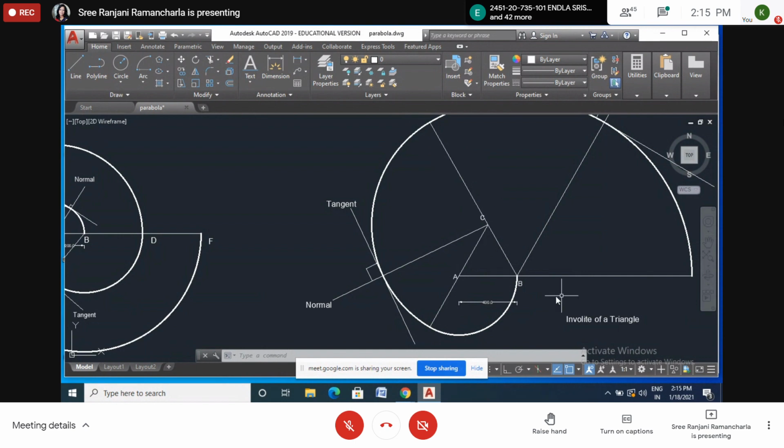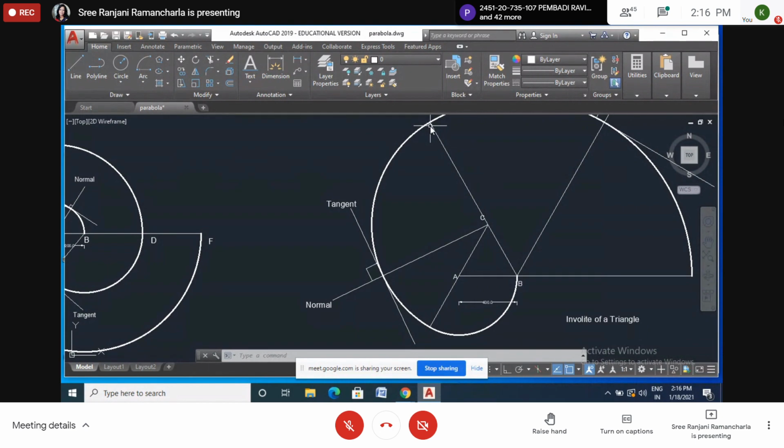Now with the compass, draw the curve with center A and AB as the radius. Draw this curve like this. Similarly, C as the center, C and this point as the radius, draw the curve.